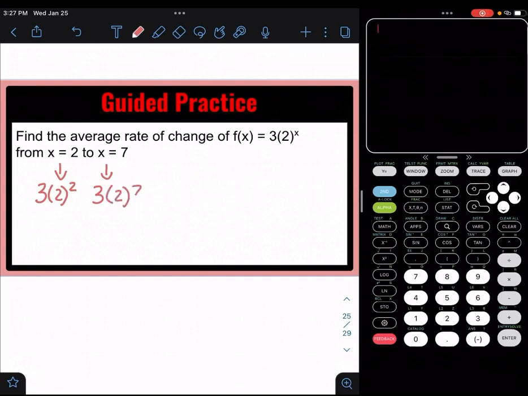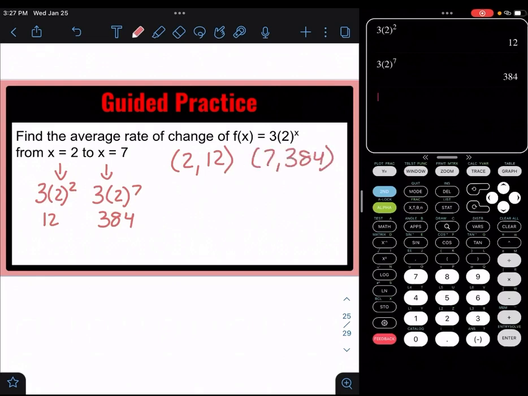Let's type this in, 3 parentheses 2 raised to the second power, and then we have 2 raised to the 7 power. So this would be 12, and this would be 384. So when x equals 2, out we get 12. When x equals 7, out we get 384.